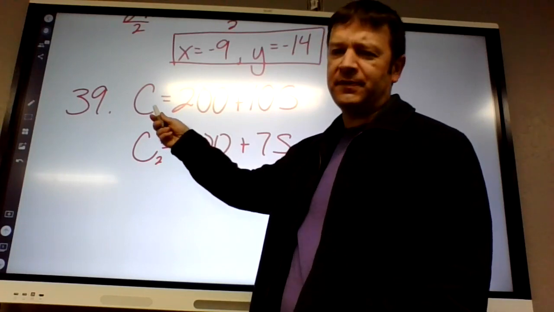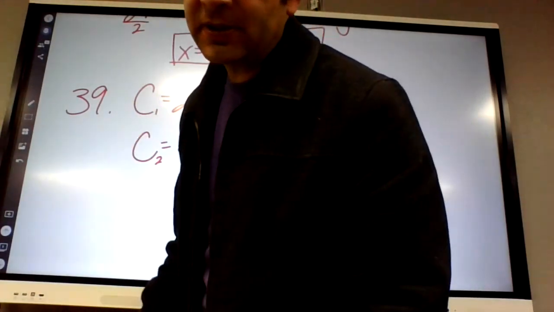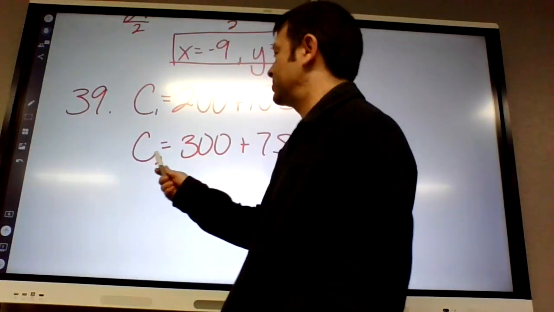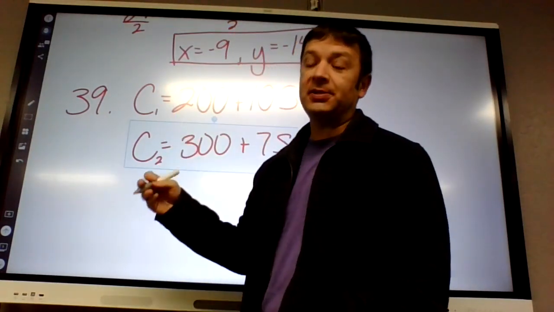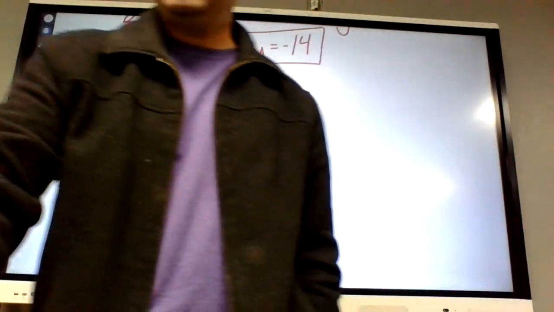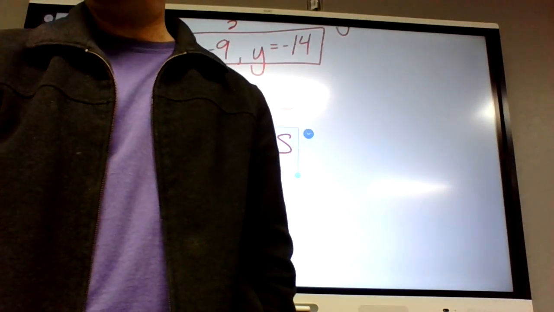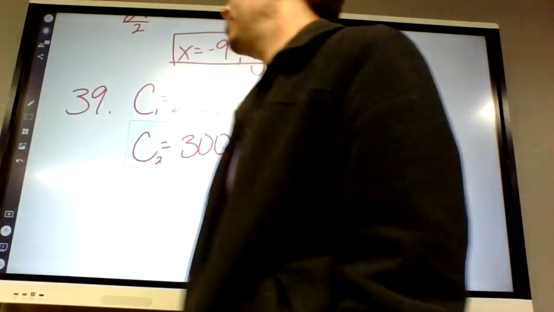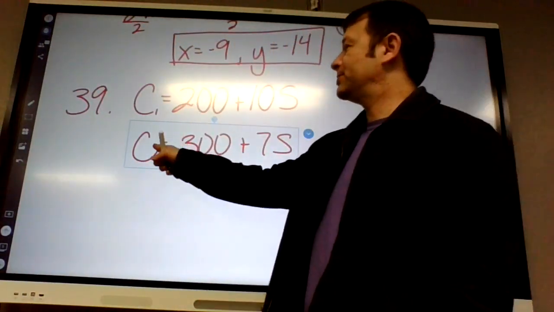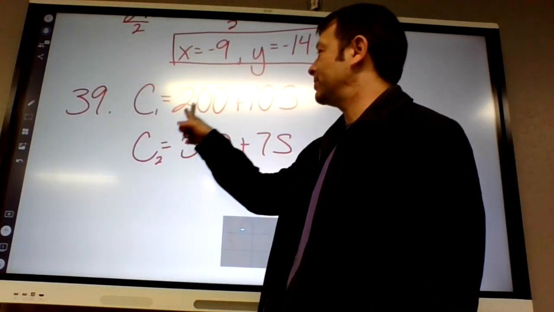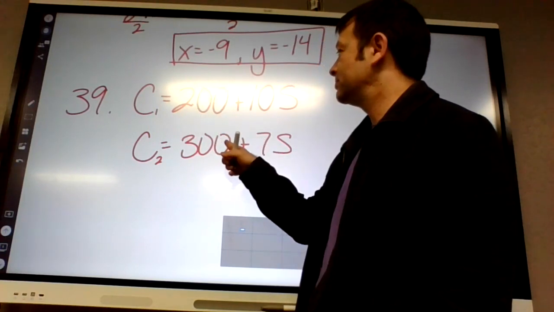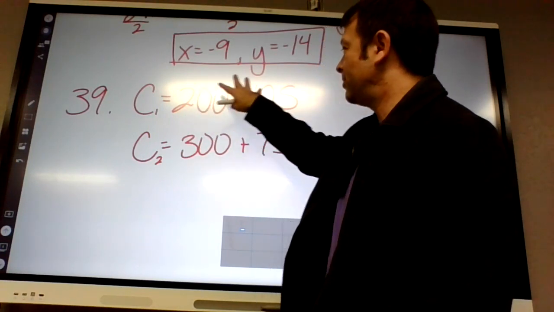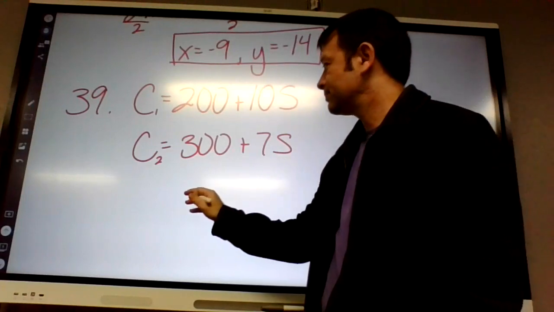This is the cost of C1, the ice skating rink, and this one is the roller skating rink. They're actually not the same C. However, if we keep reading, for what number of people would the cost be almost the same? So in other words, probably won't work out perfectly. We need to make these two equal. It's kind of like substitution, just all this needs to equal all this.